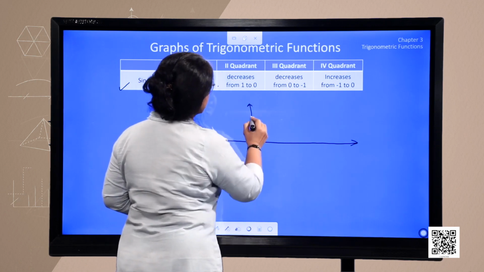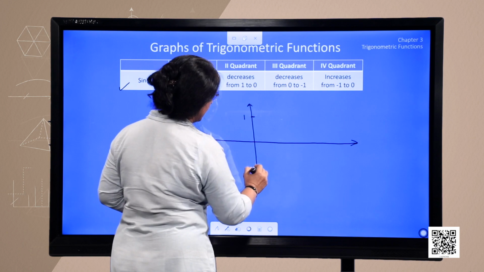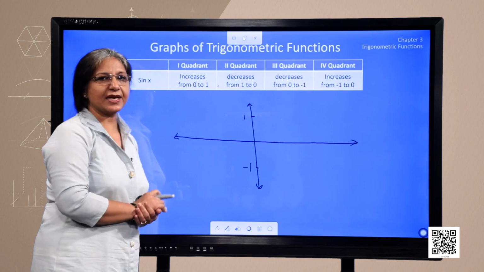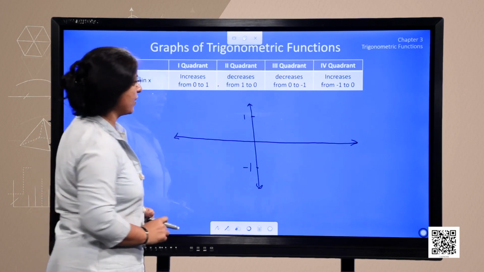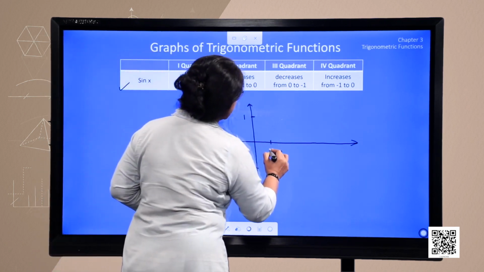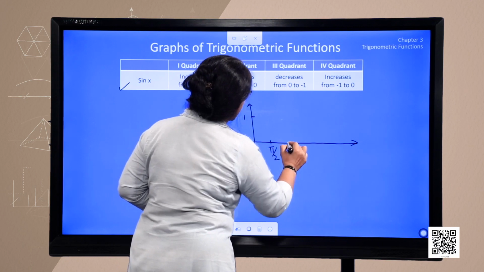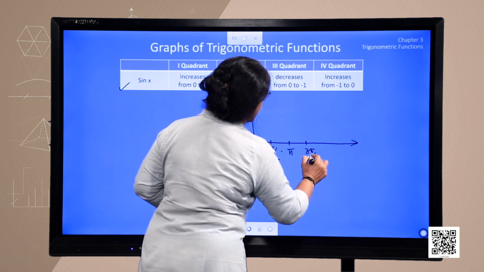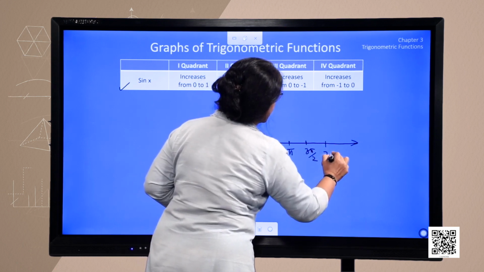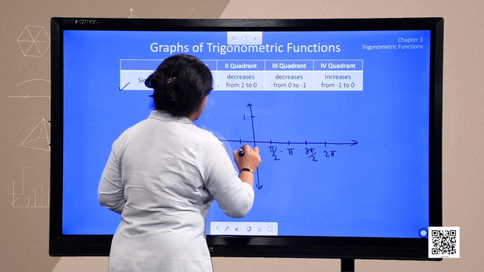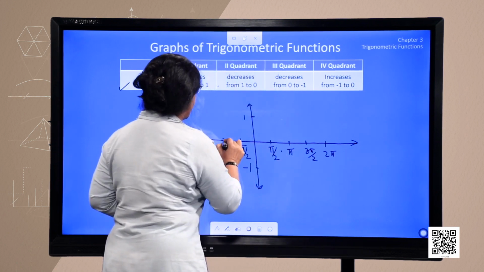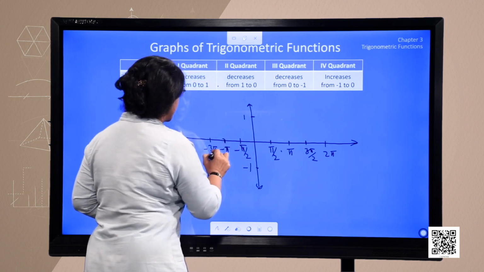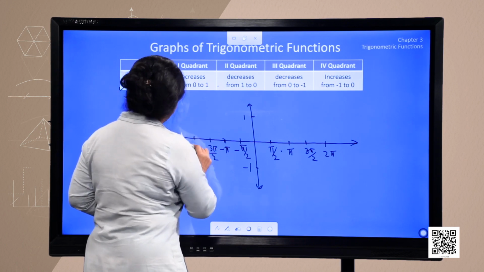This is the vertical axis where we plot maximum value 1 and minimum value -1, because we know the range of sin x is from -1 to 1, and at different angles: at pi by 2, at pi, at 3 pi by 2 and at 2 pi. And here it is the negative direction, the same follows.